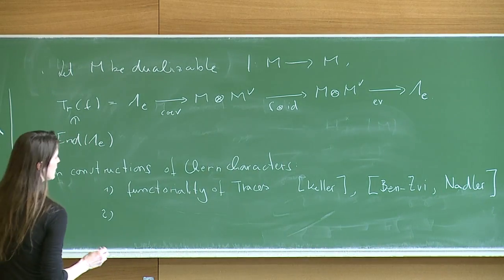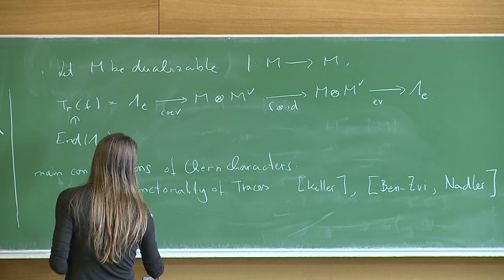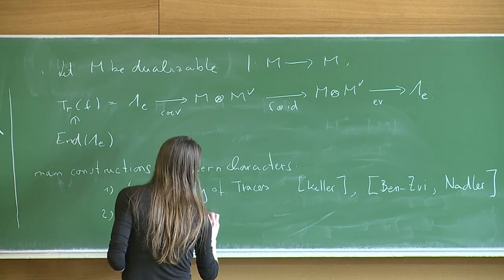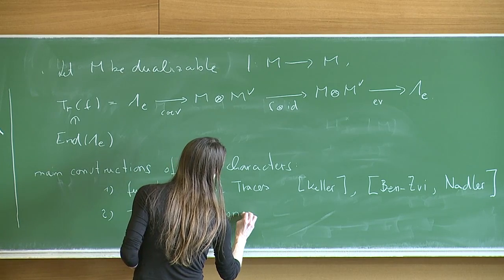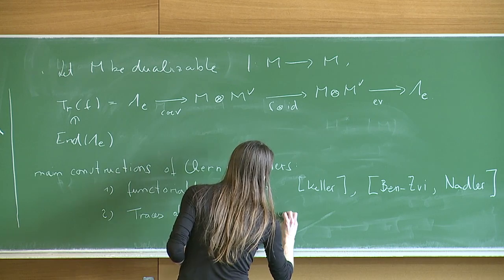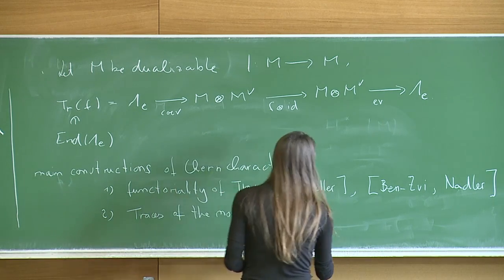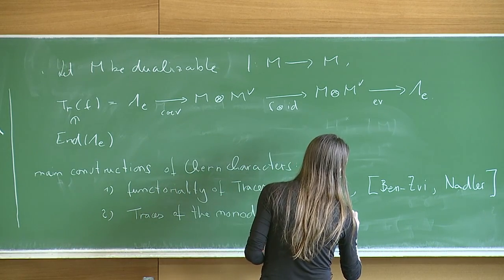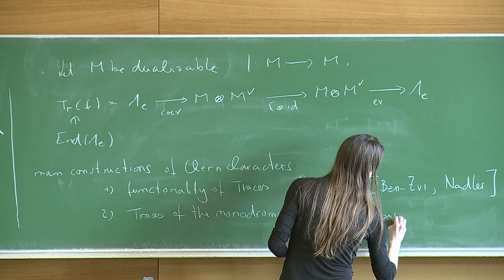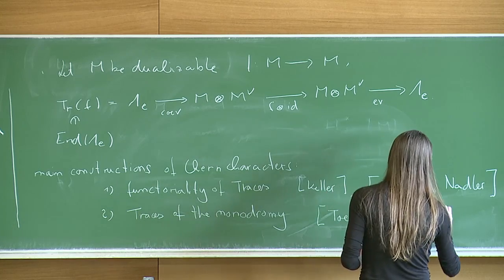And the second one uses traces of the monodromy, which I will also introduce very soon. So this was first done by Toen and Vezzosi, and we also use their construction.